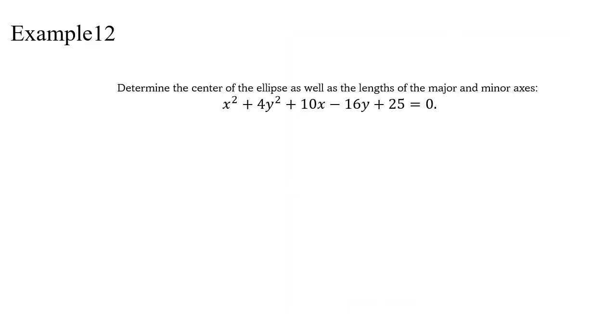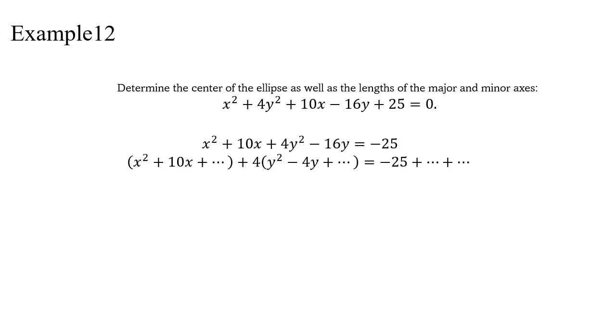Now here we have the equation of an ellipse, so we use completing the square. We're going to put the x's together, the y's together, and put the number on the other side. We're going to use completing the square to rearrange this equation.